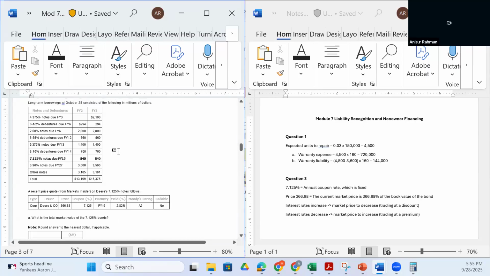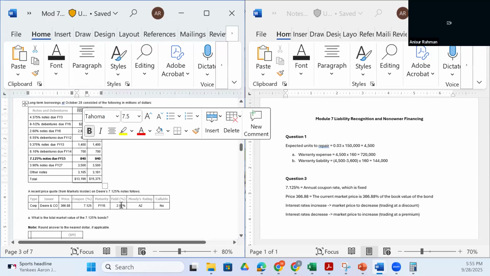So what we can assume is if the bond was issued in fiscal year 1, it will be due in fiscal year 15, and now is the end of fiscal year 2.